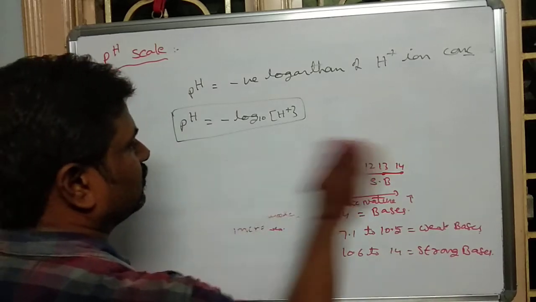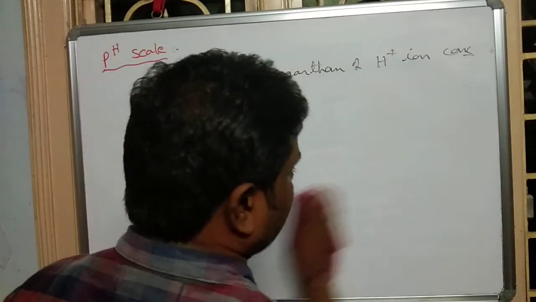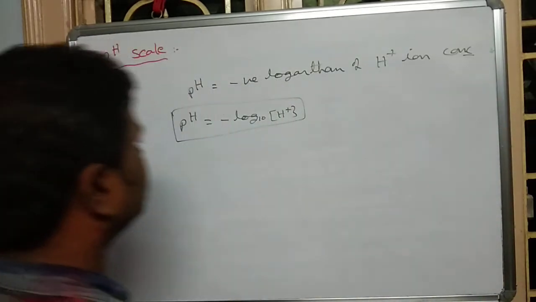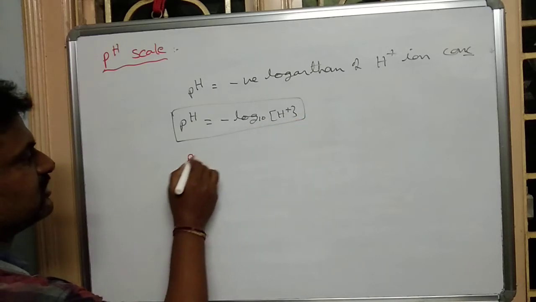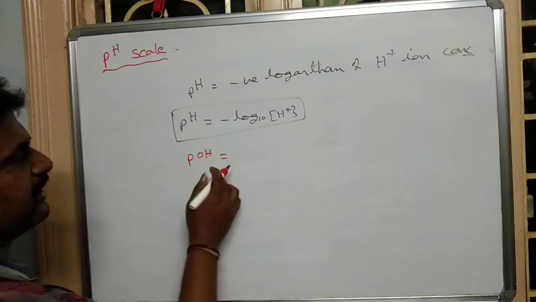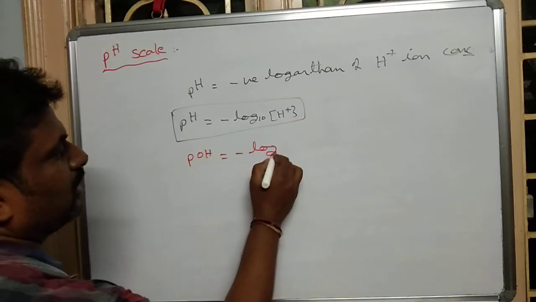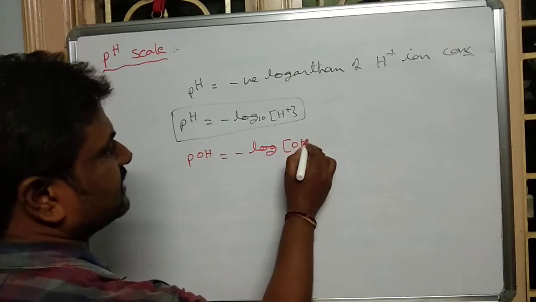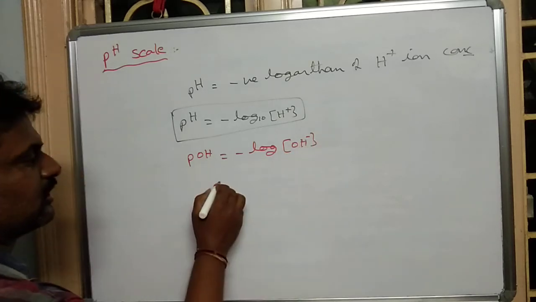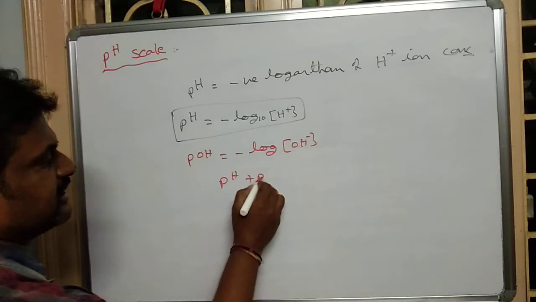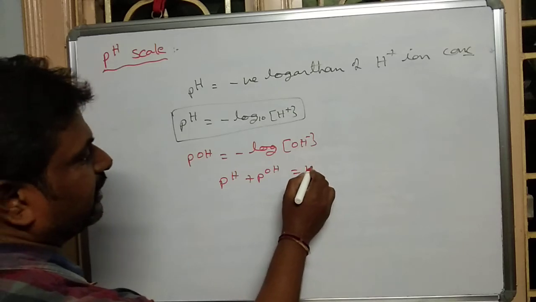And also, the negative logarithm of hydrogen ion concentration is called the pH, and the negative logarithm of OH minus ion concentration is the pOH. Total pH plus pOH is equal to 14.